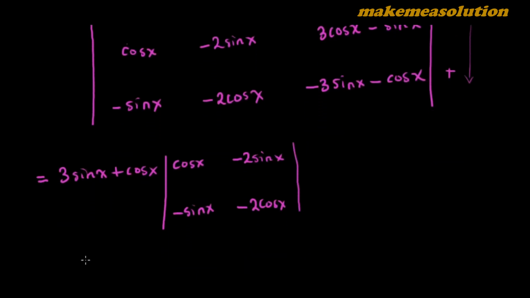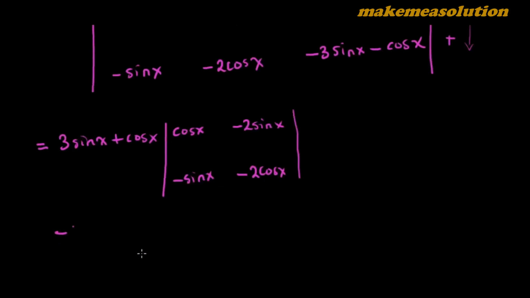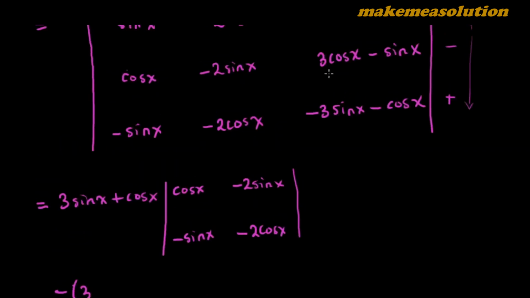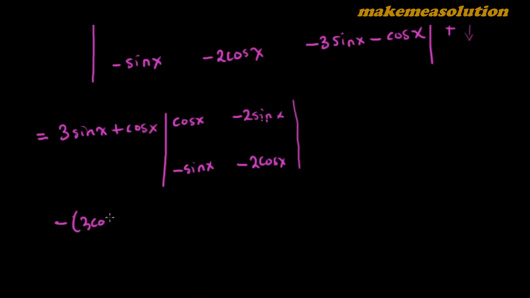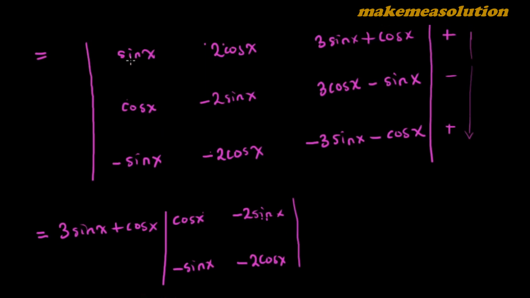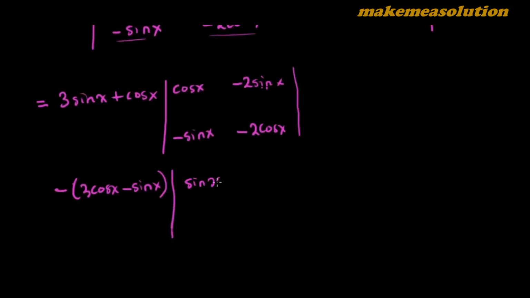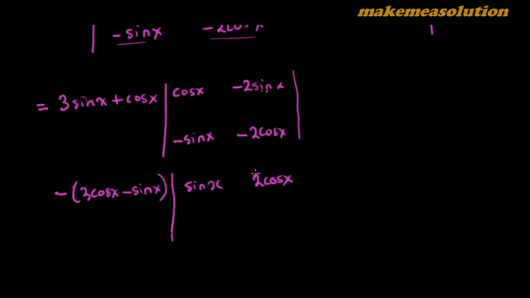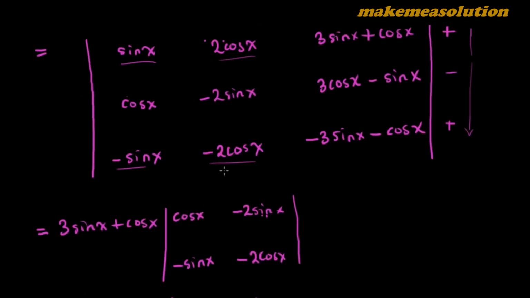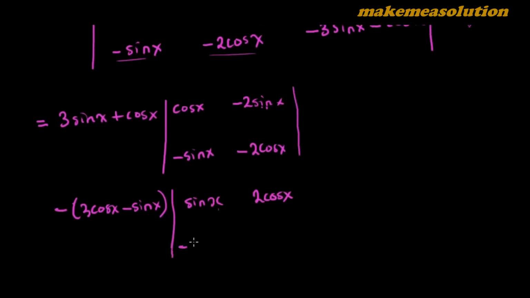Then we now have minus, permit me to arrange it in this way. Minus 3 cos x minus sin x, times the minor for these elements: sin x, 2 cos x, negative sin x, negative 2 cos x.